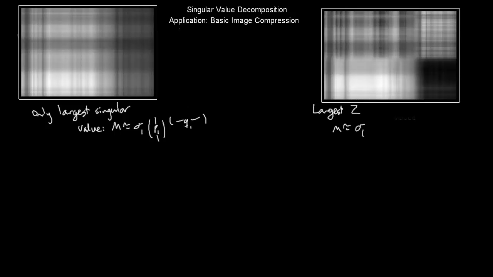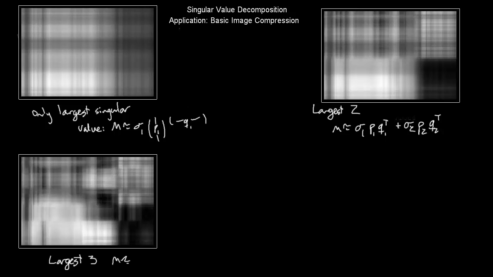If you take the largest 2 singular values, so you're approximating by a row times a column plus a different row times another column, it's similar, a little bit better. It captures the big black block of the suit. If you take the largest 3, it starts to resolve even more.